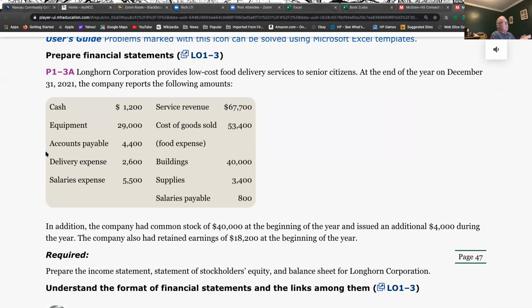Very simple problem to get started, just so you get familiar with the financial statements and where things belong and how you refer to them, what their names are, etc. We have this company, Longhorn, that provides low-cost food delivery services to senior citizens. At the end of the year, on December 31st, the company reports the following amounts.